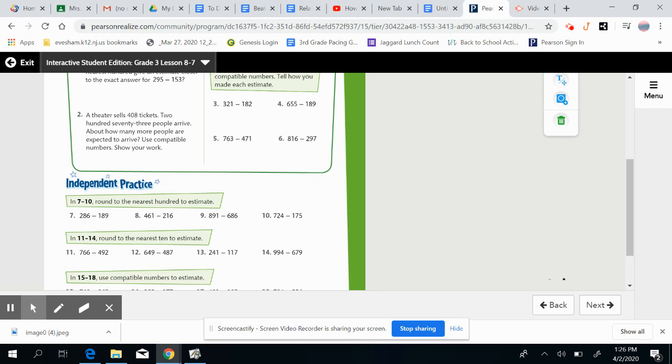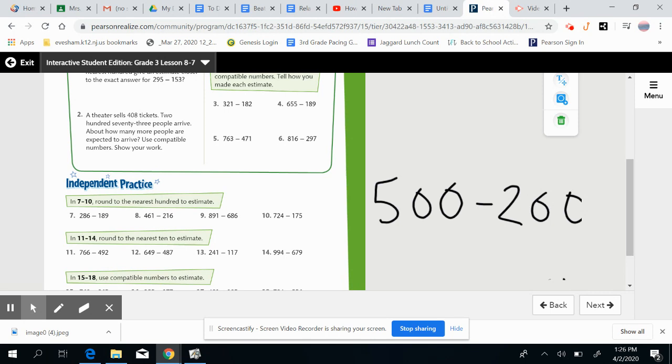If I were to round that to the nearest hundred, I would be rounding that to 500. Then 216. Is 216 closest to 200 or closest to 300? Hopefully you said 200, and now I can subtract.